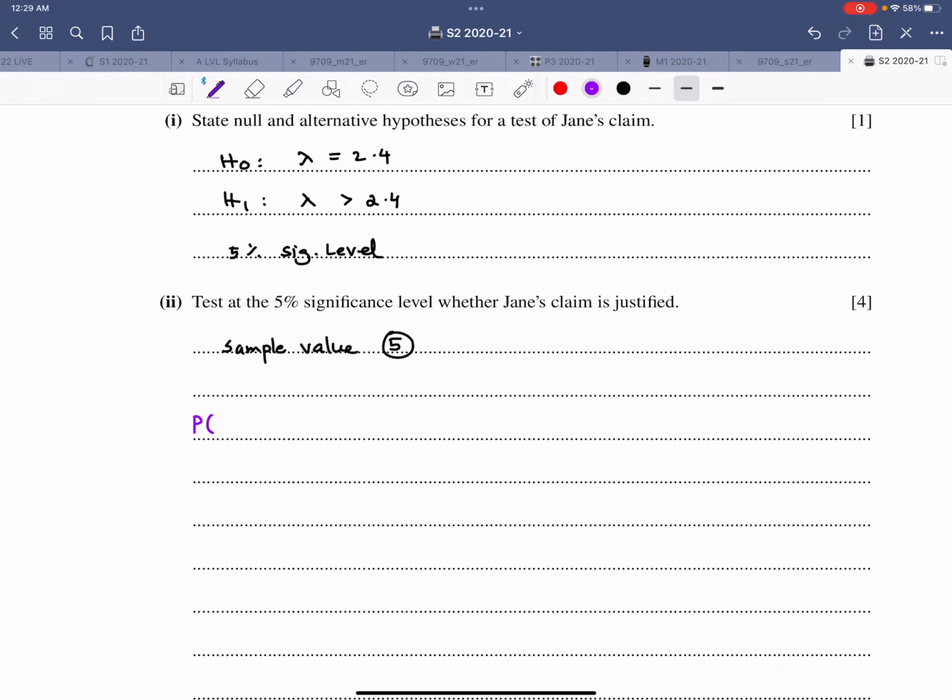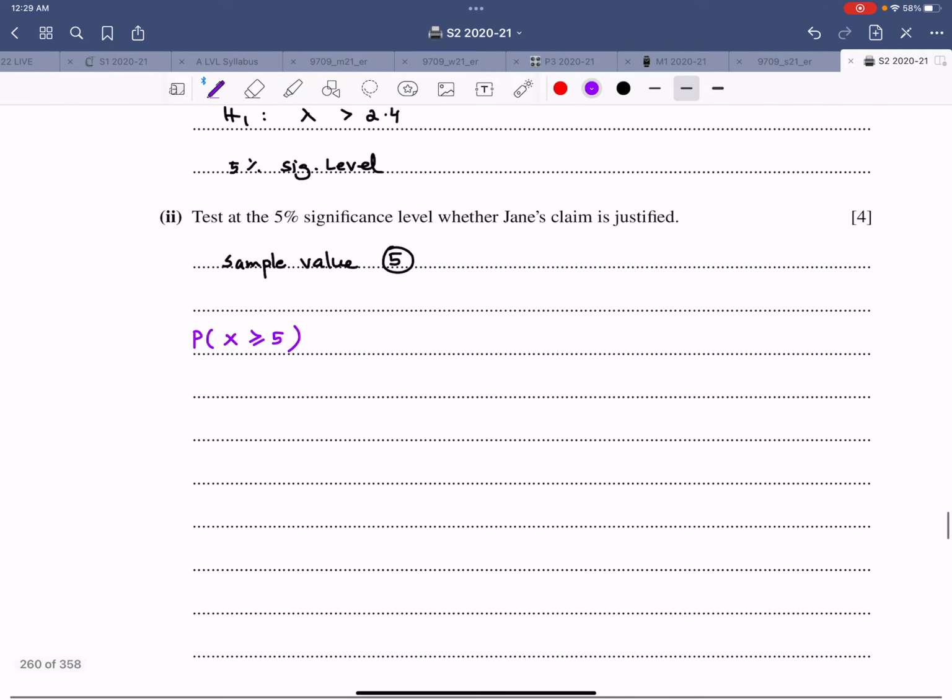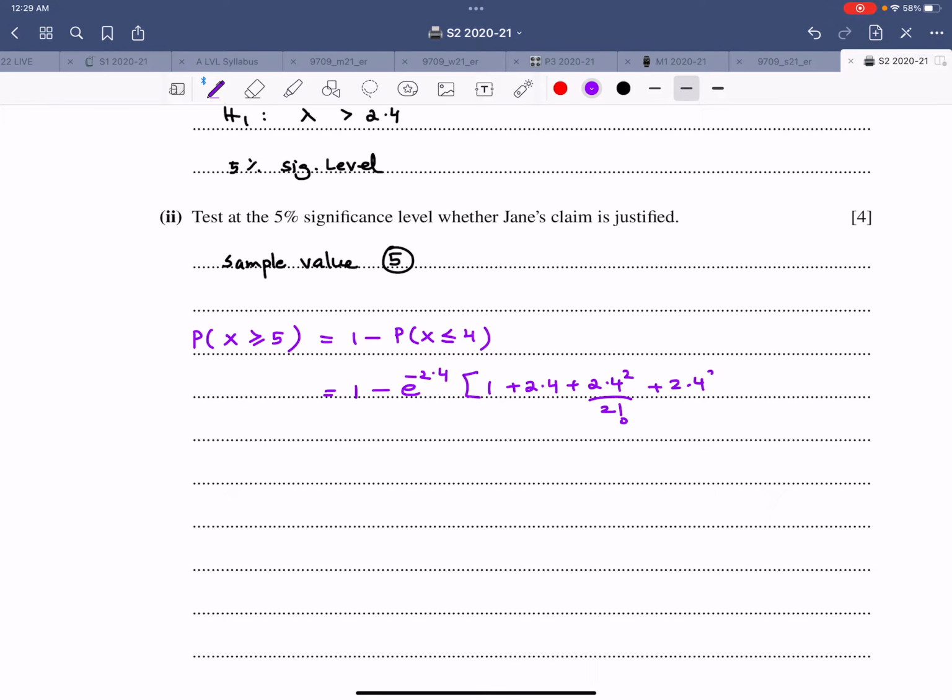Probability x is greater than or equal to 5, which is 1 minus probability x is less than or equal to 4, which is 1 minus e raised to power of negative 2.4 times (1 plus 2.4 plus 2.4 square over 2 factorial, 2.4 cube over 3 factorial, 2.4 power 4 over 4 factorial). So let's double check. That's 1, 2, 3, 4, 5 terms.